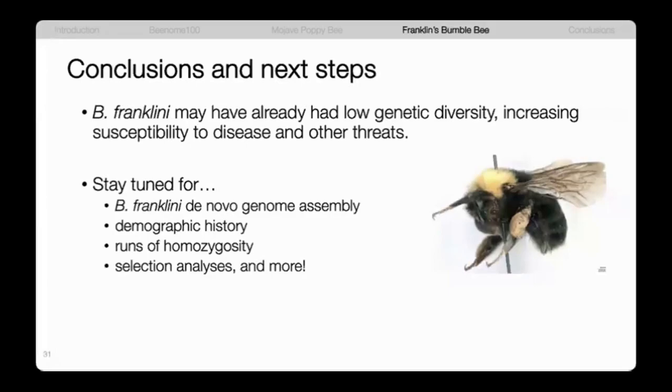And then we're going to do analyses targeted at understanding the demographic history, as well as assessing runs of homozygosity, because these give a kind of timing to when the species may have lost genomic diversity. And then, of course, other things about selection analyses and related to the environment's effect on the genome.